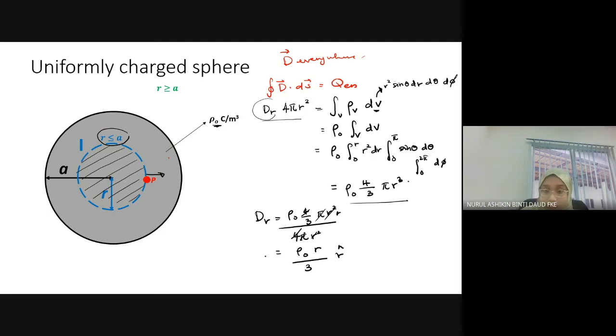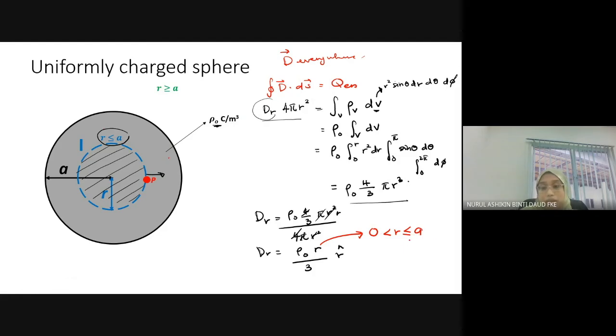However, this condition is applicable for which range of r? Since I set r to be less than a, there is a possibility that r must be bigger than 0. It cannot be 0, because if it is 0, it will be 0. So r should be bigger than 0, and it should be less than or equal to a.